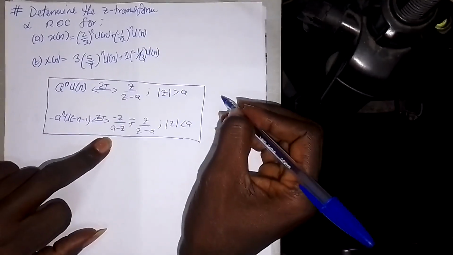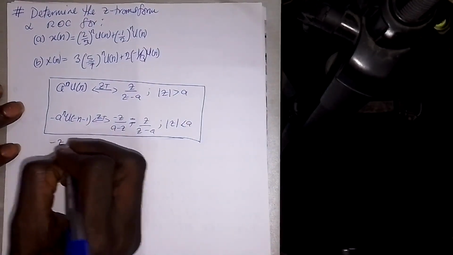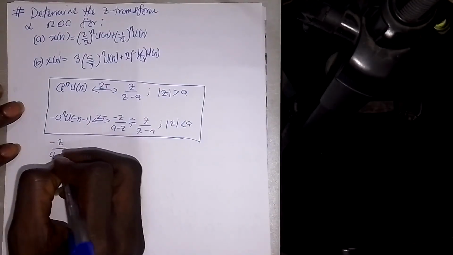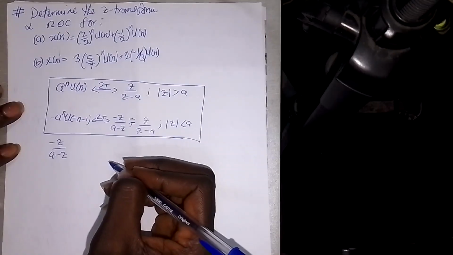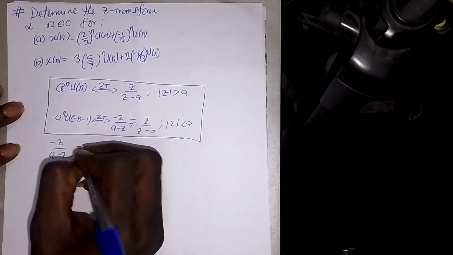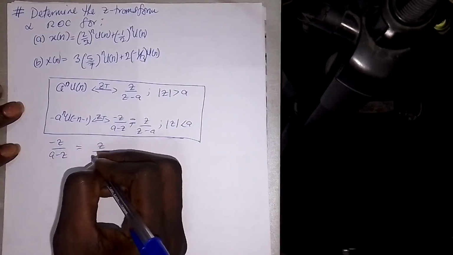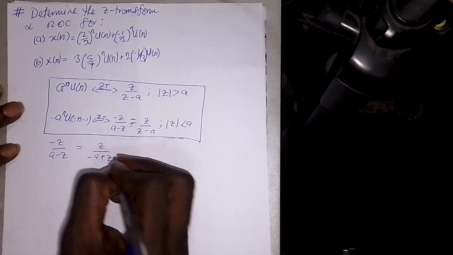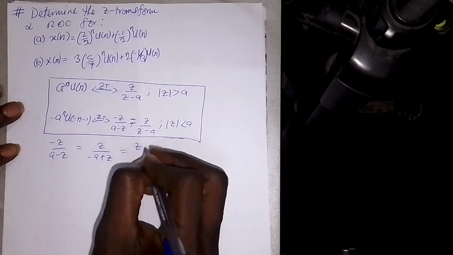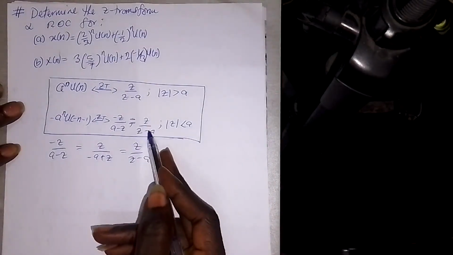It's simple: minus z over a minus z, if I multiply through by negative 1, I get z over minus a plus z, which is equal to z over z minus a.